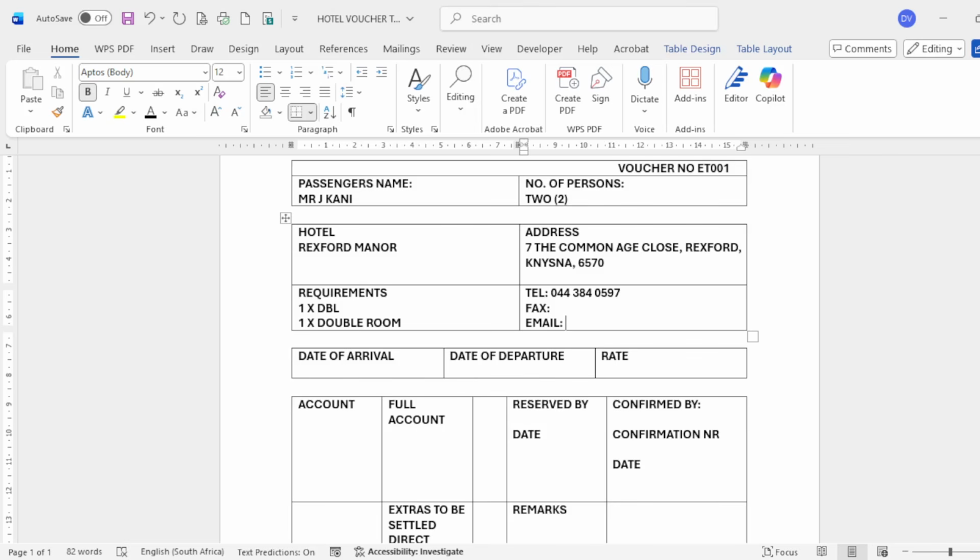But that actually hasn't been the case for about 20 years, but it doesn't matter. You'll get the mark whether you fill it in caps or small letters. So the email address was info@rexfordmanor.co.za. So you can do it like that, or you can do it in caps. You can choose.